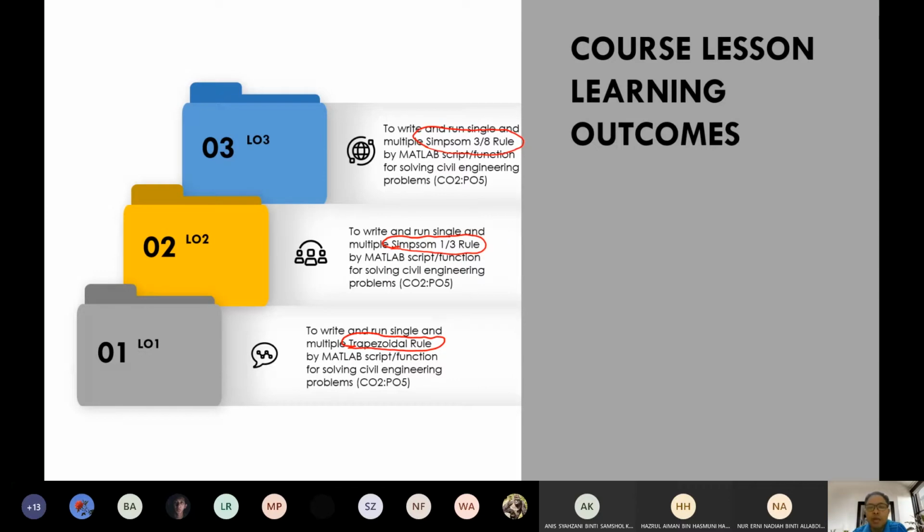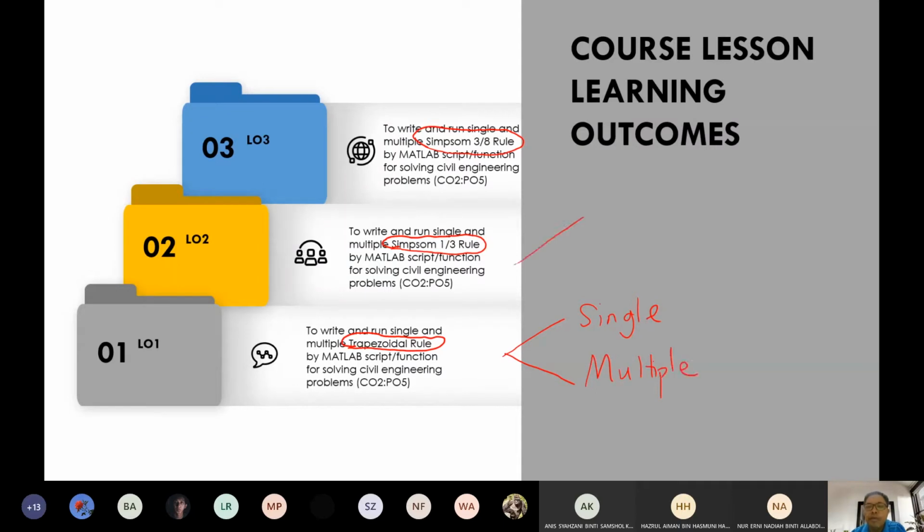Okay, so all of these can be subdivided into 2 methods. For the trapezoidal rule, you can use the simple one called the single trapezoidal method. And if you want a quite accurate solution, you may use the multiple trapezoidal method.